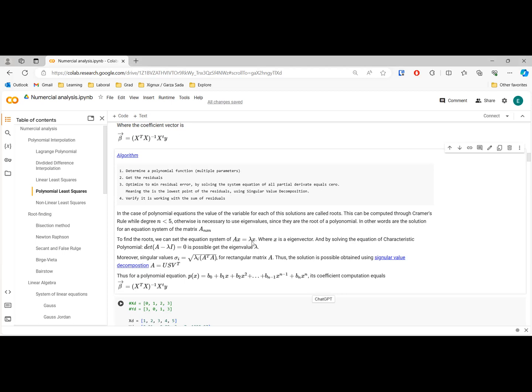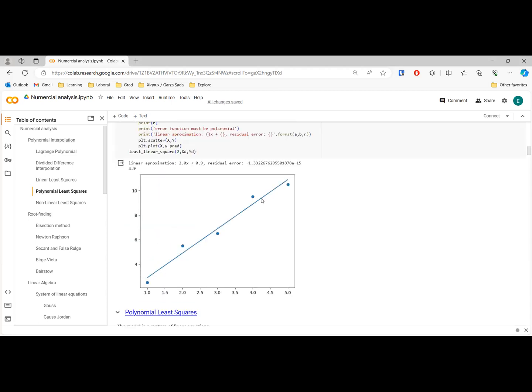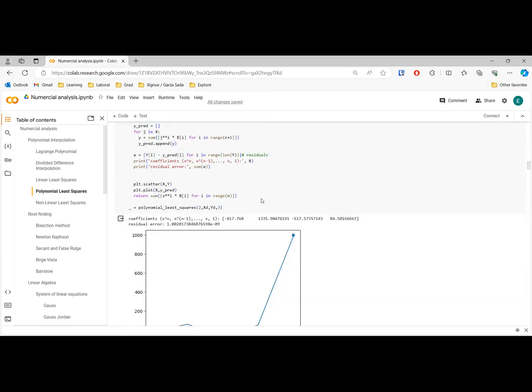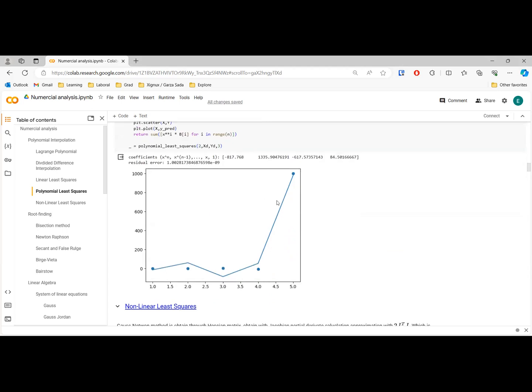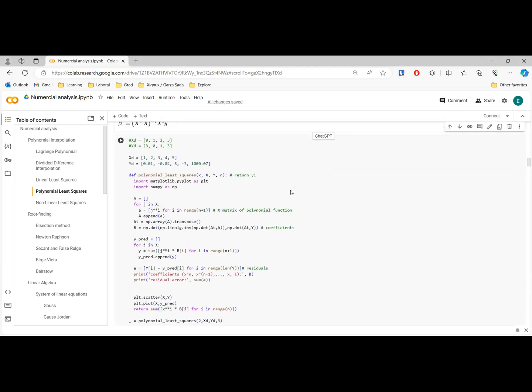As you can see, the lambda function is useful to find the roots of a system of equations. So imagine that instead of having to resolve through Cramer's rule, we can do this to make an approximation for not just one variable and a linear approximation, but instead a polynomial approximation of least squares.